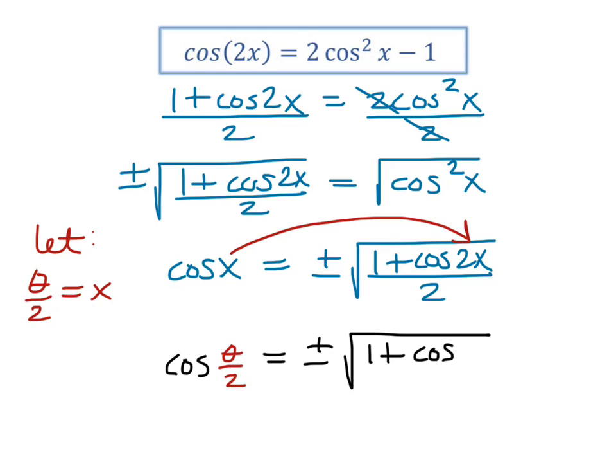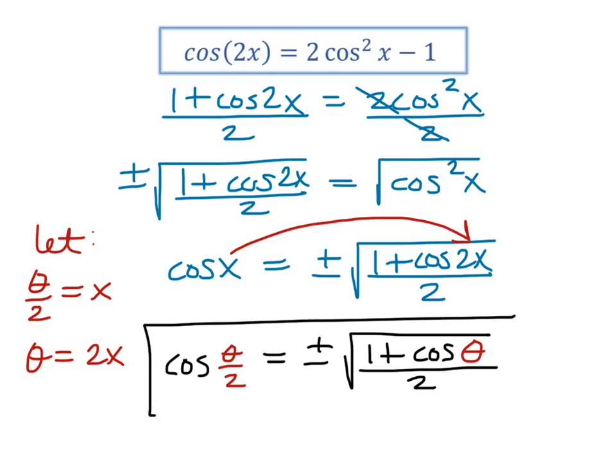So twice the angle theta over 2 is theta. Or you could think of it as multiplying 2 on each side, theta will give us 2x. So let's substitute 2x as theta and finish this form as all over 2 inside the square root.